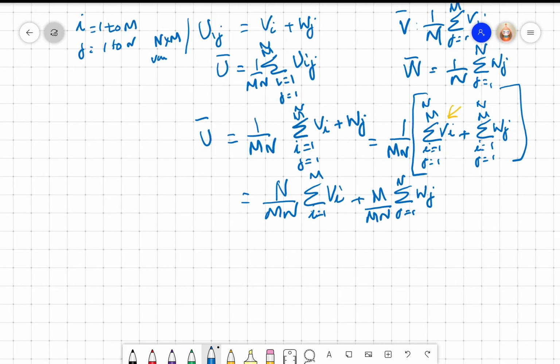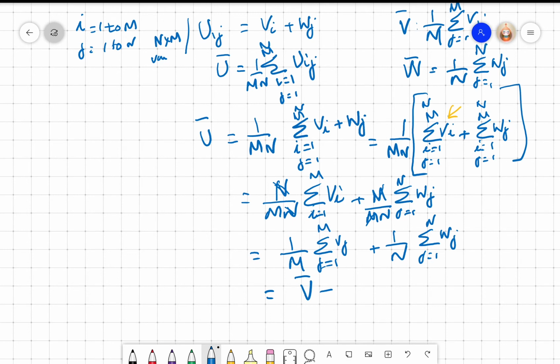So I can cancel this. So this would be 1 by M sigma I equal to 1 to M Vi plus 1 by N, M cancels, N cancels, sigma j equal to 1 to N Wj, or this is V bar plus W bar, right?